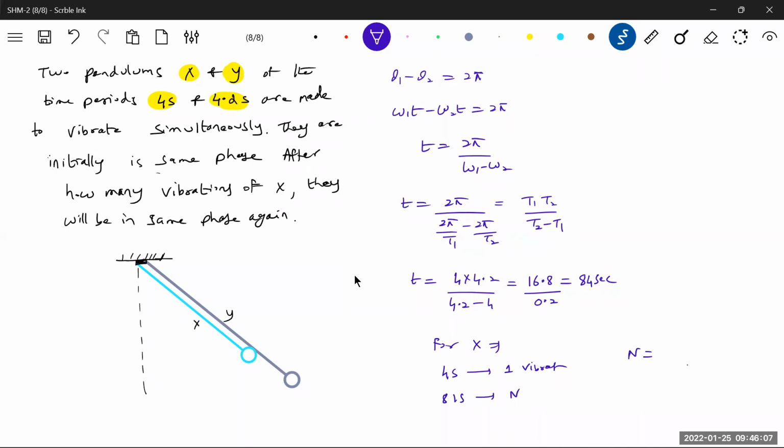Just check, 168 by 2, 84. So this will become 84 by 4. How much will it be? 21, yeah. After 21 vibrations of X, again they'll be in the same phase.